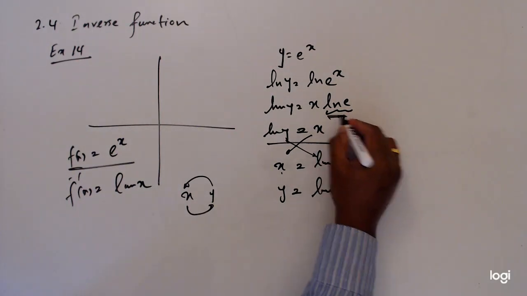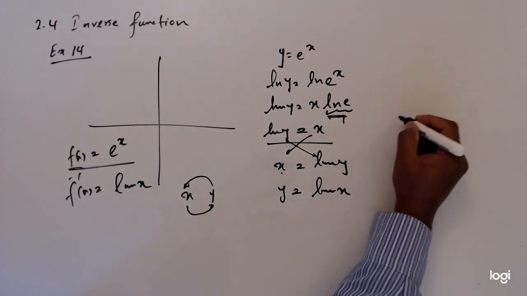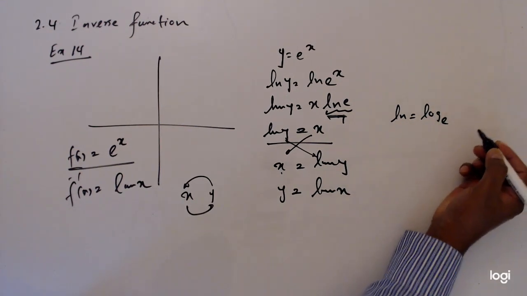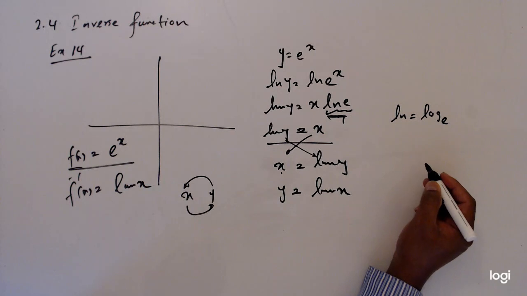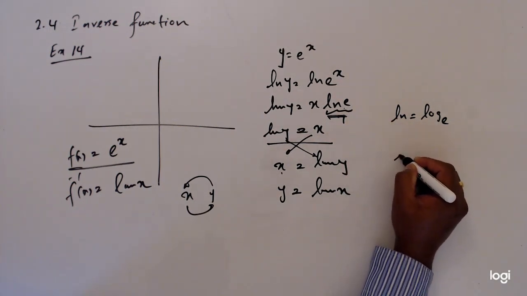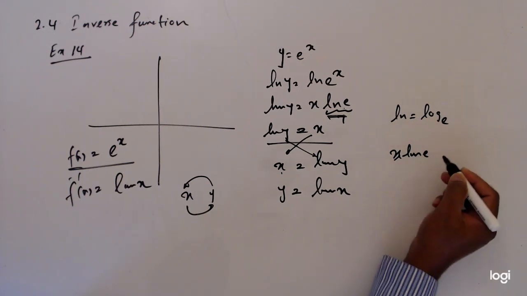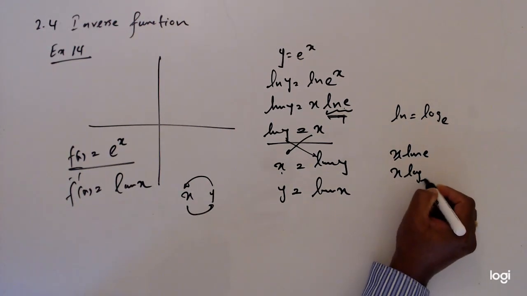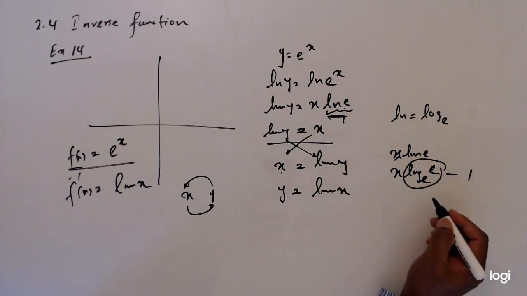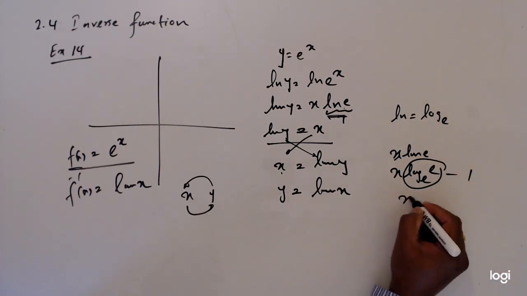And here you know that ln e is 1 because ln is log to the base e, so log base e of e is 1, that's why ln e is 1.